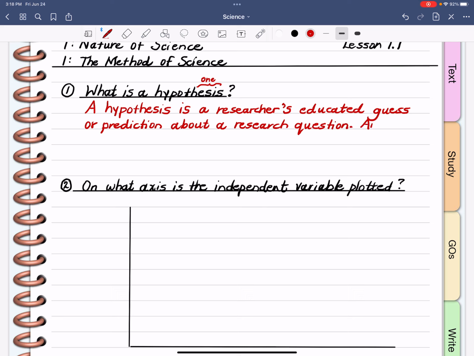An experiment must be done to test a hypothesis.